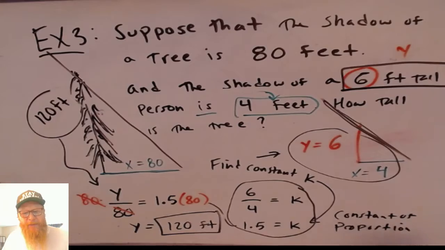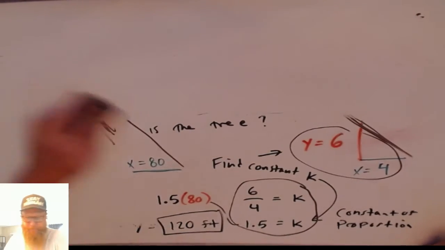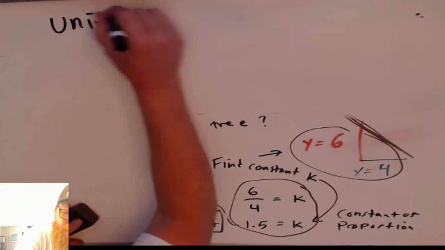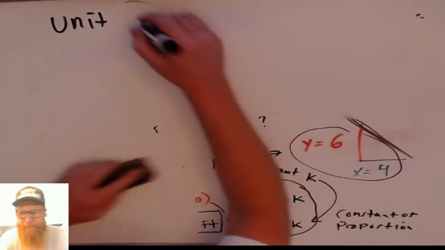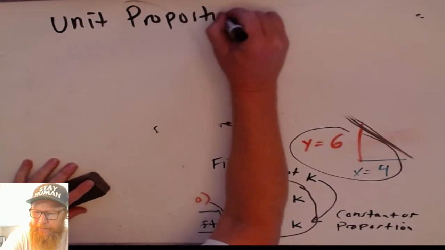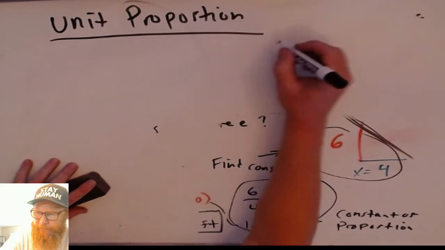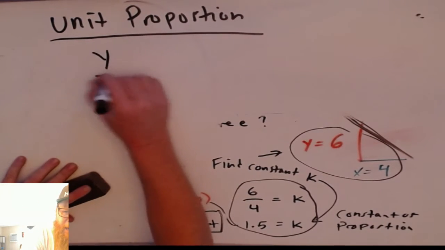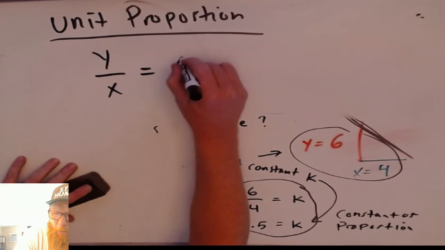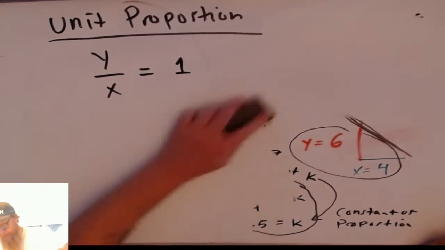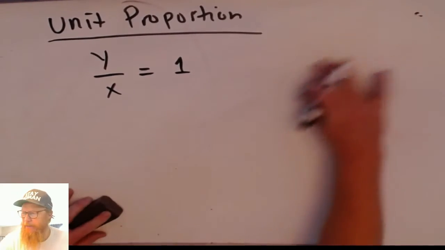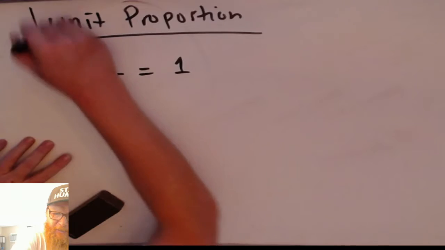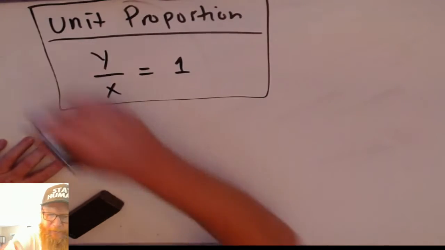Now, there's a very special type of proportion. A unit proportion. If y over x is equal to 1, this is called a unit proportion.